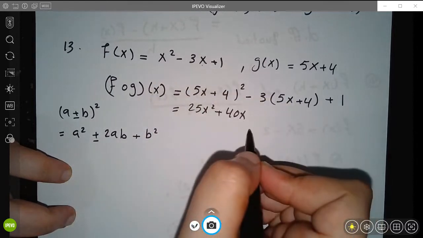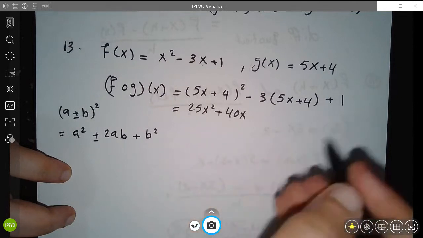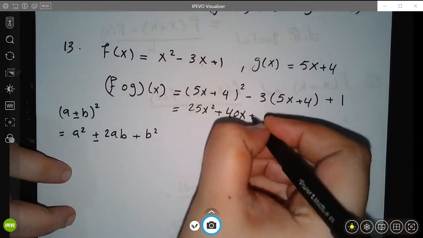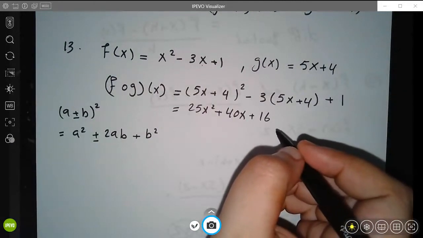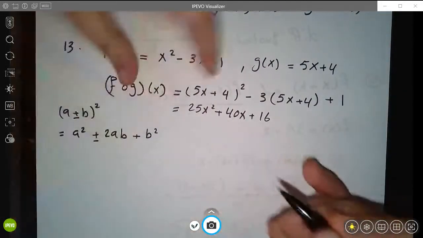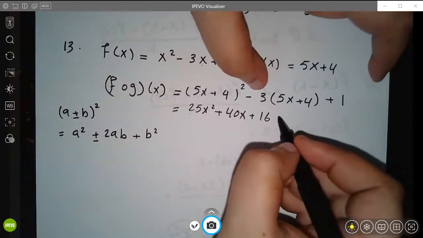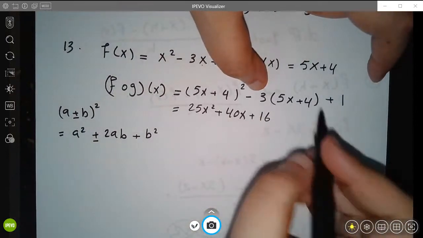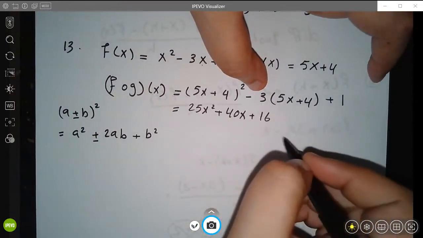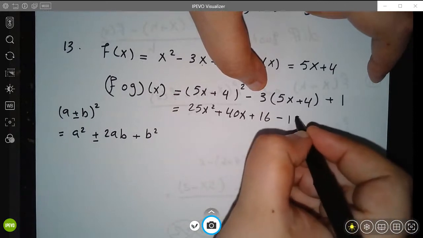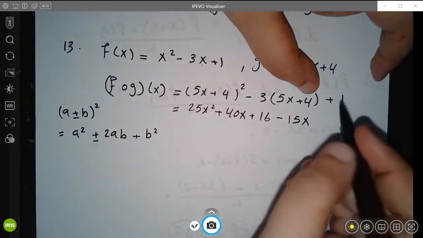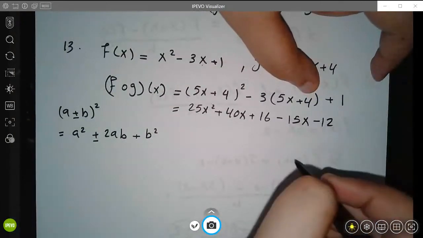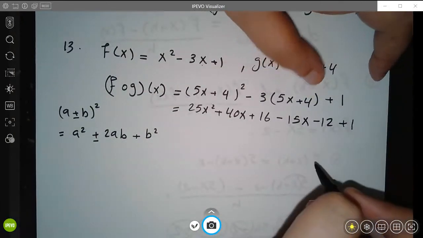And then 4 squared is 16. Yeah, so that is the first one. Now, negative 3 multiplied by everything in here gives you what? Negative 3 times 5 is negative 15x. And then negative 3 times the 4 is negative 12. And finally, you add the 1.